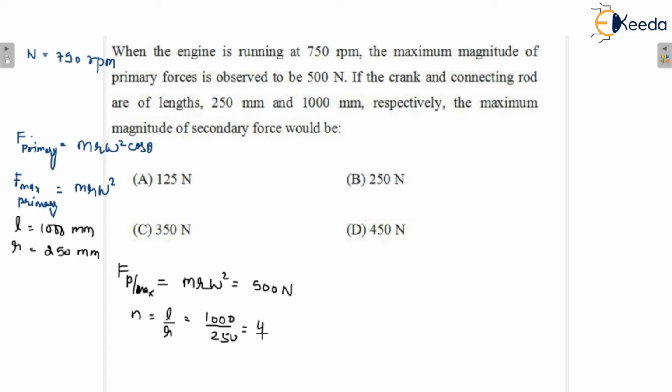Now the maximum magnitude of the secondary force is asked. First you need to know what the magnitude of the secondary force is. The secondary unbalanced force is mr omega square cos of 2 theta by n. The maximum value means cos 2 theta would be maximum, so it would be equal to 1, that means 2 theta would be equal to 0, theta would be equal to 0, okay.